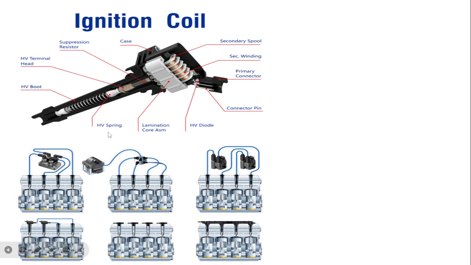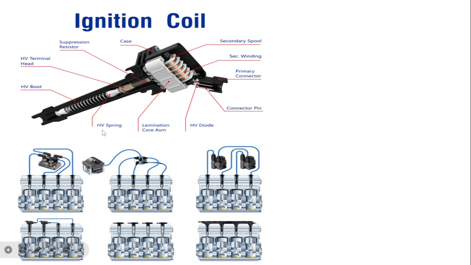Here different springs are used, and the HV terminal head is there. So this is just one type of construction, right? But for understanding the principle, I have another image also, so that you can understand easily.